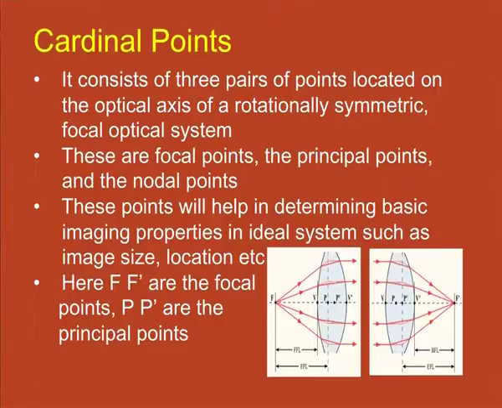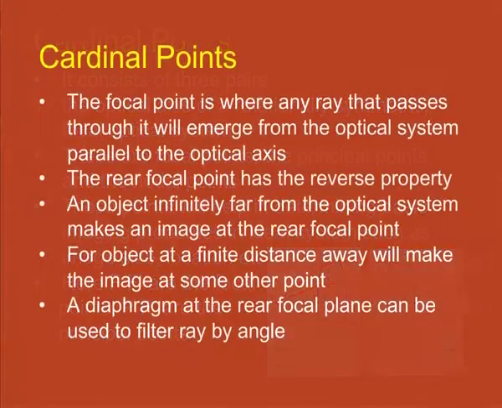Here in this figure, f and f prime represent the focal points, p and p prime represent the principal points. The focal point is where any ray that passes through it will emerge from the optical system parallel to the optical axis. The rear focal point has the reverse property of the front focal point.